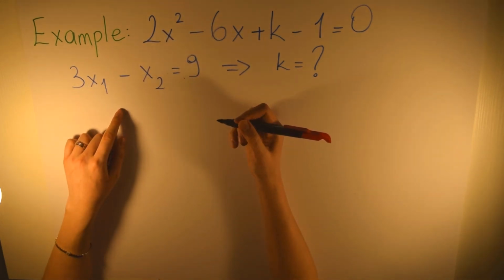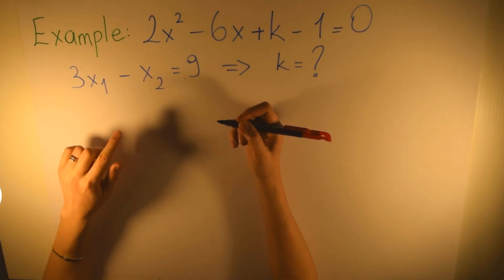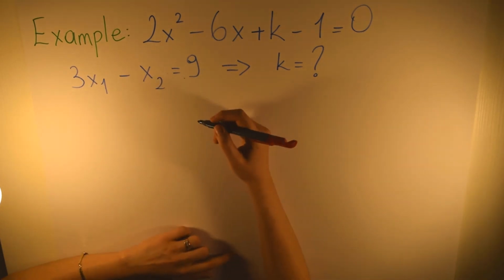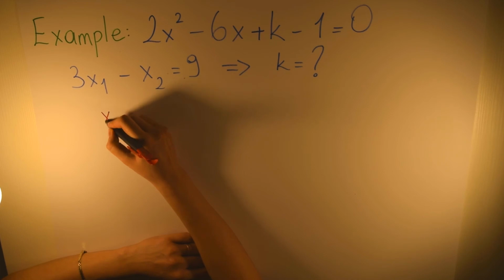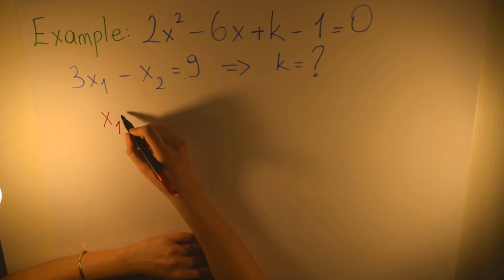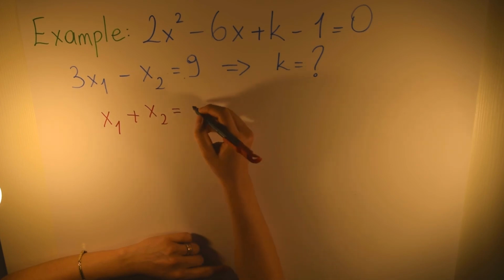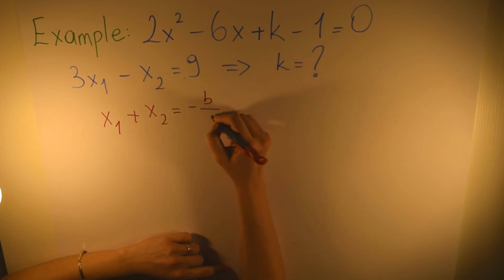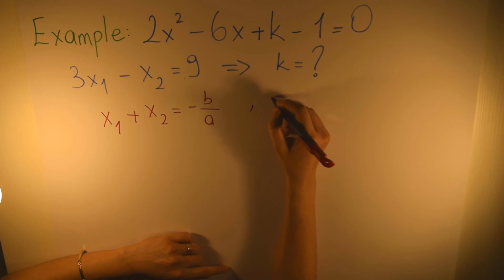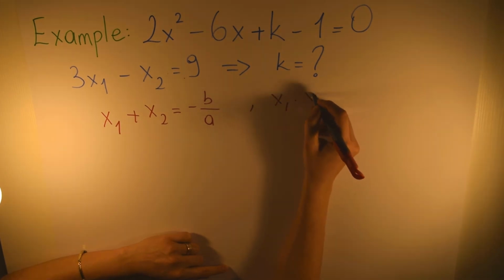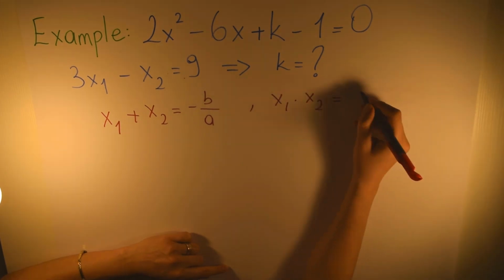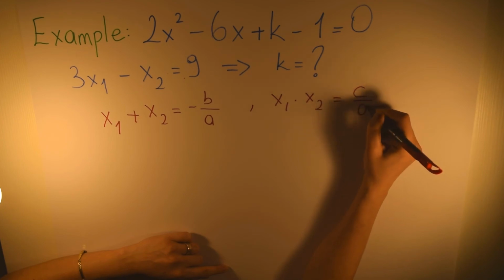So I know another two formulas for the roots. The first one is x1 plus x2 is equal to minus b over a, and another one is x1 times x2, which is equal to c over a, right?